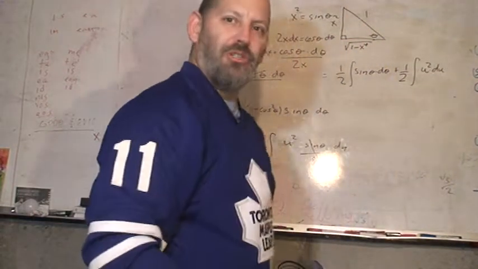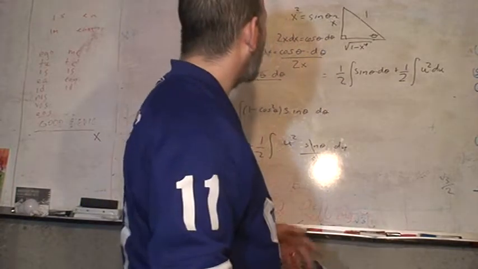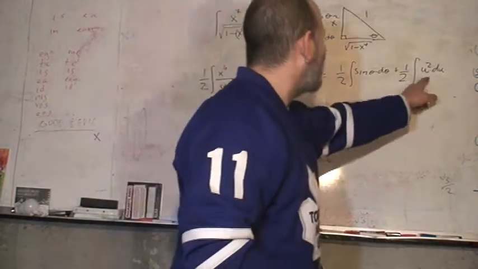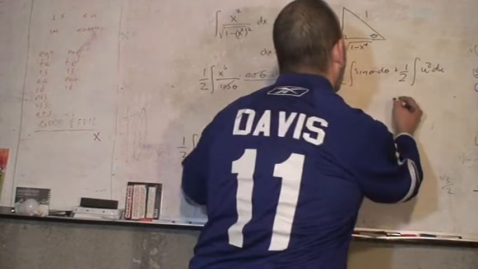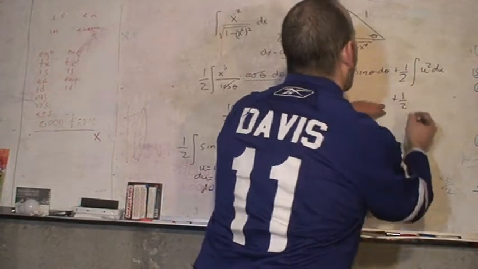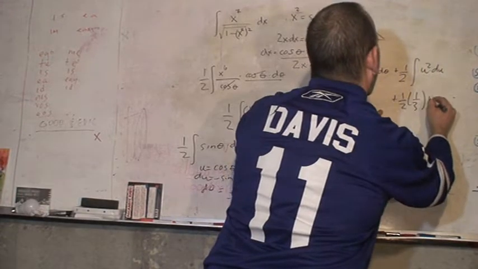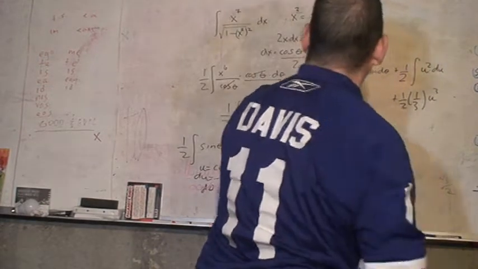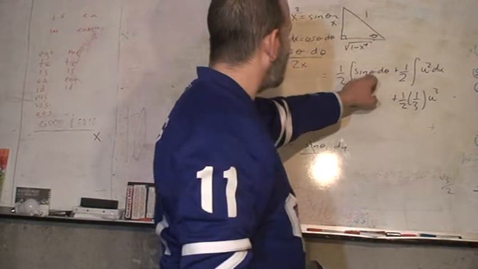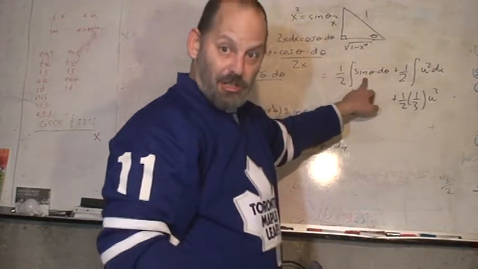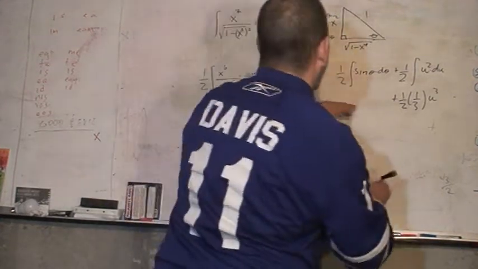Like, oh, look at these two things, two different worlds. So now obviously, the integral of that is 1/2 times 1/3 u cubed, right? And the integral of this sine is a cos, but it's a negative cos.